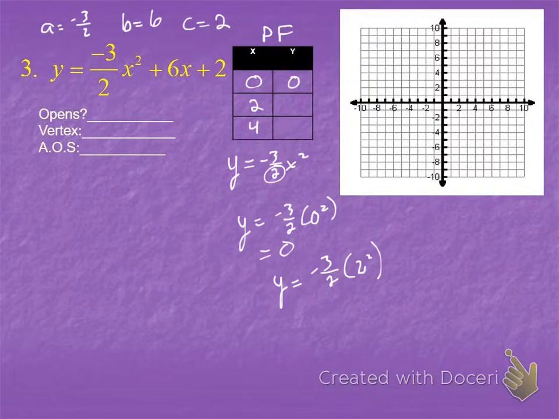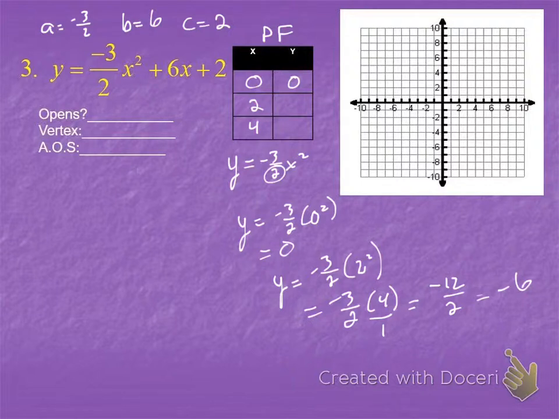Now watch what happens. 2 squared is 4, right? If I multiply these two fractions straight across, I make 4 a fraction by making it 4 over 1. I get negative 12 over 2, which turns into negative 6. So by choosing 2, I got rid of the fraction.